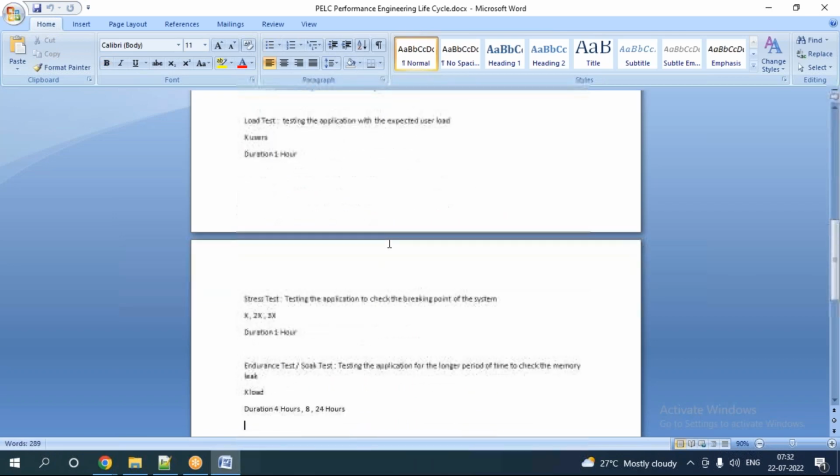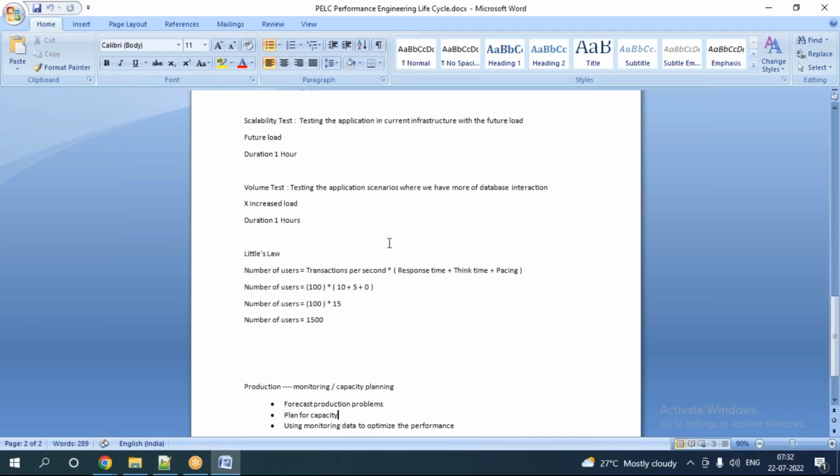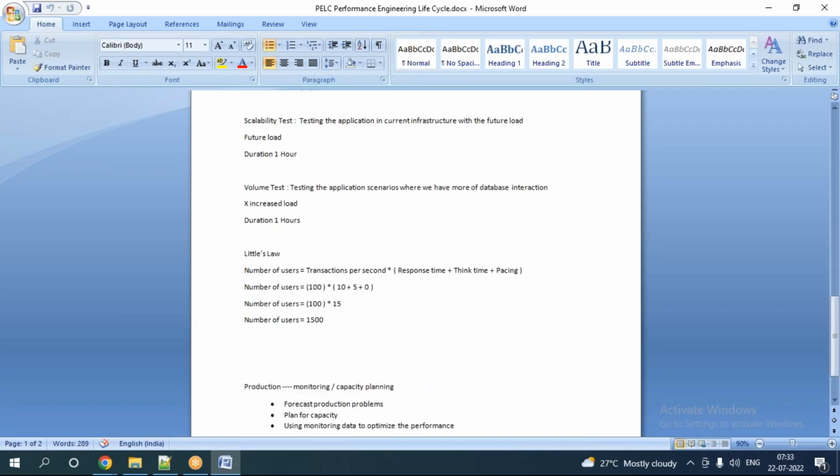So we discussed all the testing related things, and the next activity to testing is actually your production deployment. Okay, so when developers are actually doing the production deployment, performance engineers will parallelly think about monitoring and then capacity planning. Okay, monitoring and capacity planning.